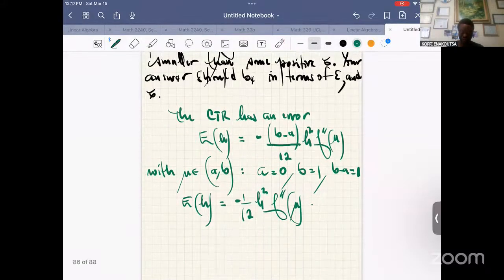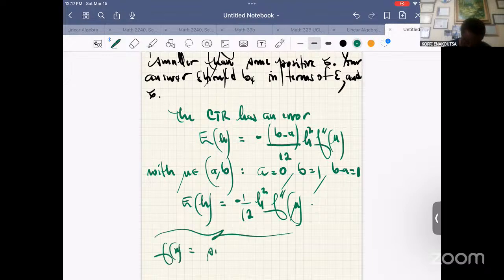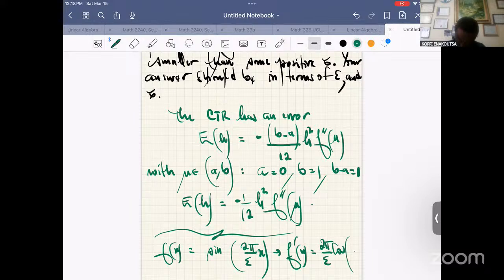So there is one additional thing that we know. Our function f of x is sine of 2 pi divided by epsilon x. If we take the derivative, the first derivative of f of x is 2 pi divided by epsilon cosine of the same thing here.